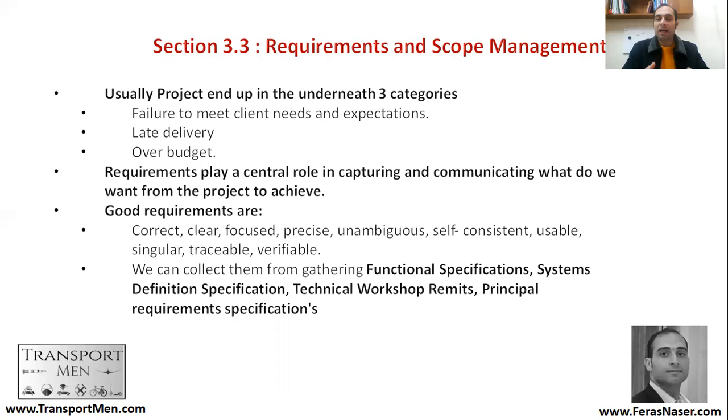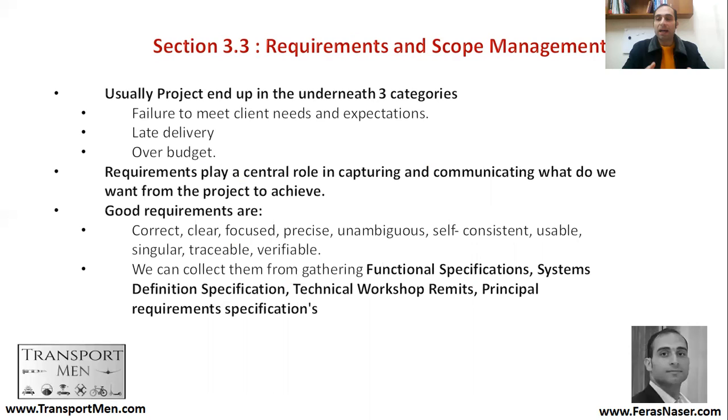So a good requirement should be: correct, clear, focused, precise, unambiguous, self-consistent, usable, singular, traceable, verifiable. And just to summarize those 10 features in 3, they should be measurable, they should be achievable, and they should be testable.